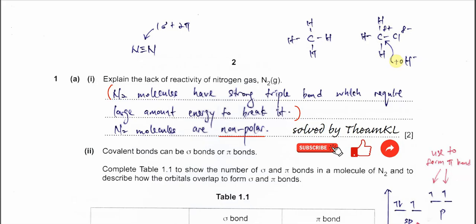It will undergo a substitution. But when we put the hydroxide together with methane, the hydroxide will not react with the methane because methane is actually a non-polar molecule. So the polarity also affects the reactivity. Therefore you need to mention these 2 points.